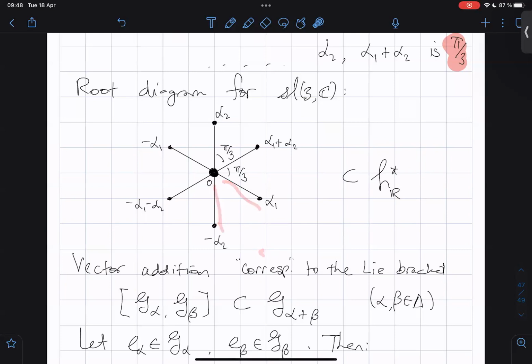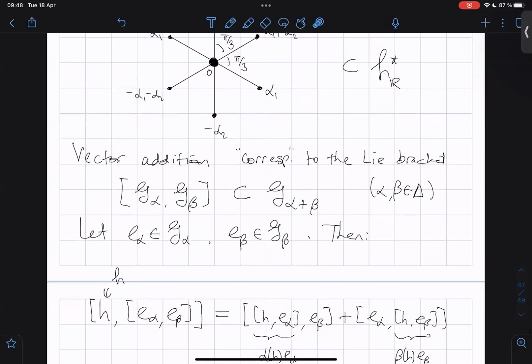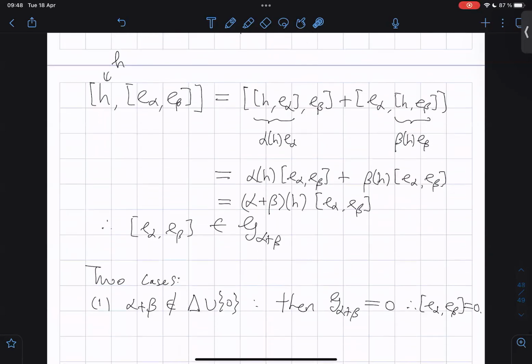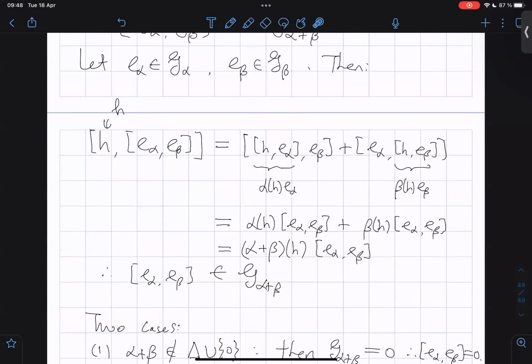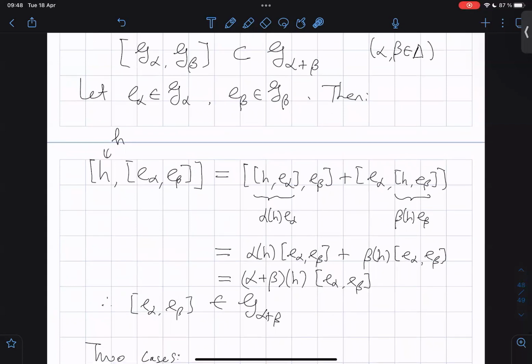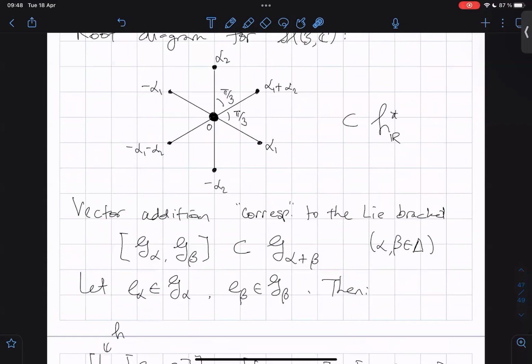So you know that the corresponding elements in the Lie algebra, the root vectors, will commute. But you can get some combination of alpha 1 and alpha 2 such that you get roots. So the other possibility is that this is a root.